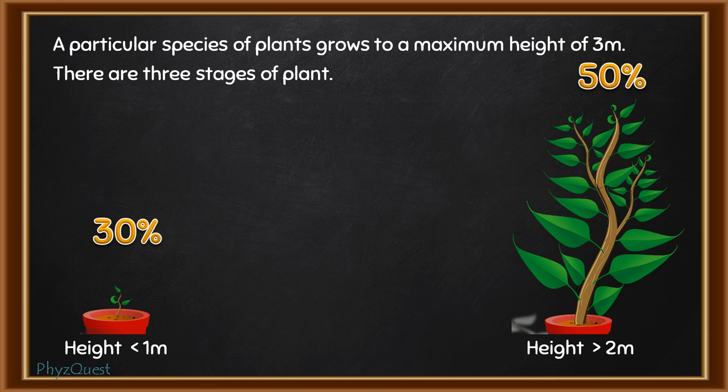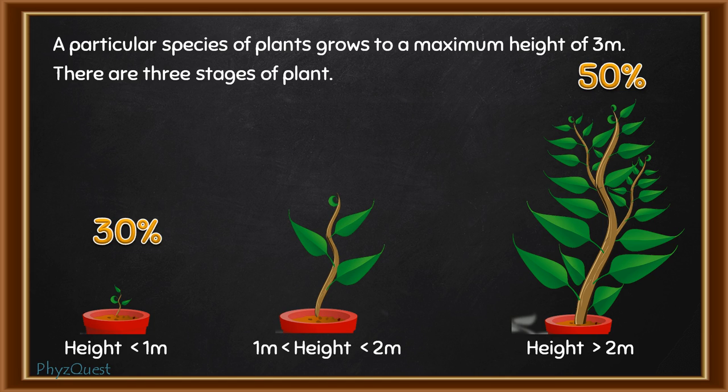So what remains is the plants that have height in between 1 meter and 2 meter. That means the remaining plants have height greater than 1 meter but less than 2 meters.